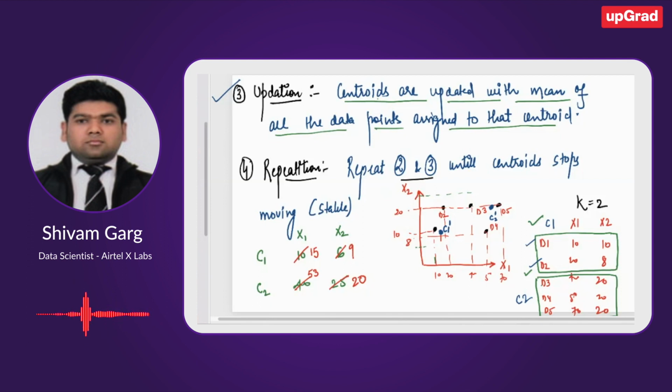What is the stopping criteria in the k-means algorithm? The answer is very simple. Whenever my data points stop shuffling from one cluster to another cluster, it shows that the clusters are ready. Because if data points are not shuffling, it means assignment is not changing.